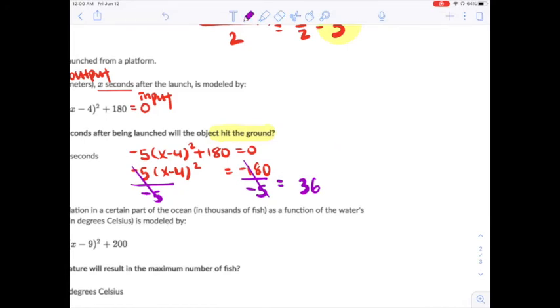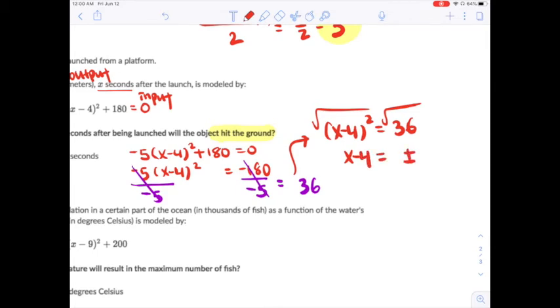I get x minus 4 squared equals 36. You take the square root, then you get x minus 4 equals positive or negative square root of 36, that is 6. So x equals 4 plus 6 or 4 minus 6, and that is 10 or -2.